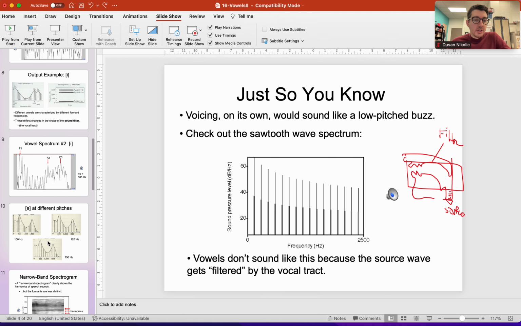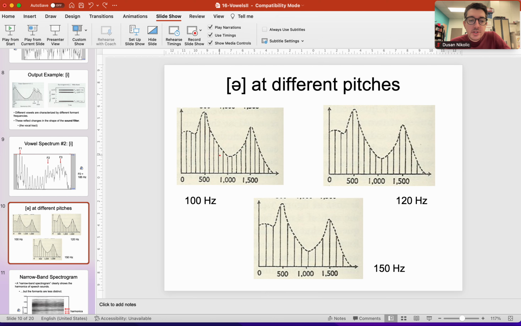This is what it looks like to have it at different pitches. For example, at a standard pitch, 100 hertz, we can squeeze in first harmonic 100 hertz, 200, 300, 400, and 500 hertz, and this is the fifth harmonic that would be amplified, right, in this case.